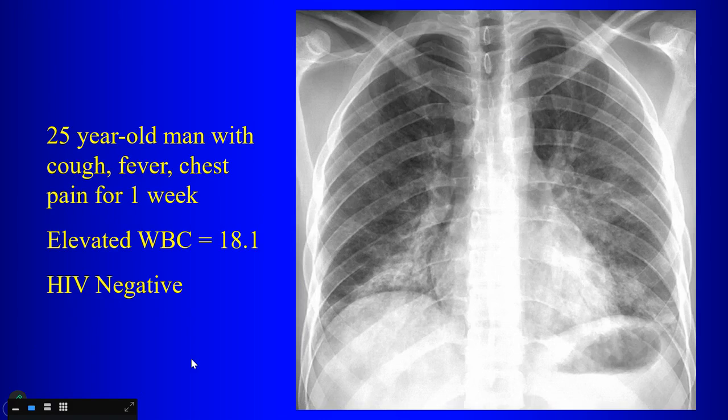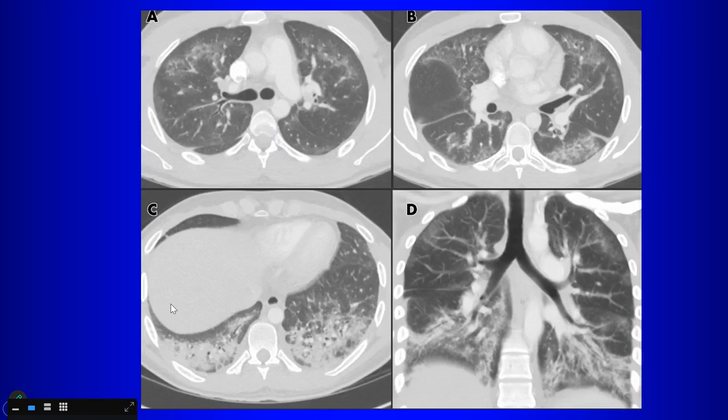So this is a 25-year-old man with cough, fever, chest pain, and an elevated white count, with consolidations here on the chest radiograph. HIV negative. The CT scan looks like this. How would you characterize the appearance on CT? What's abnormal?